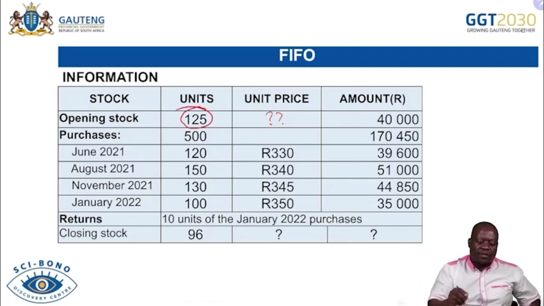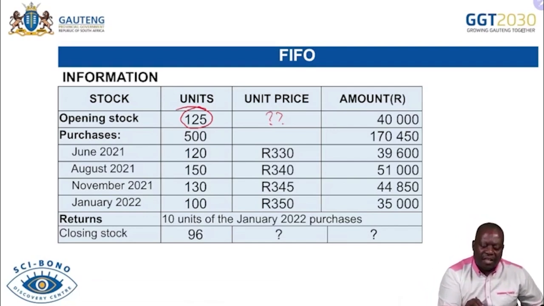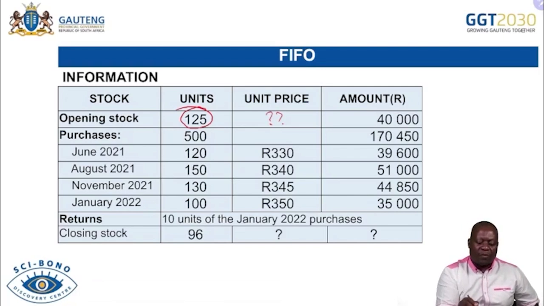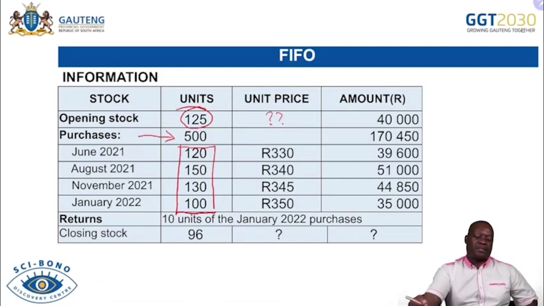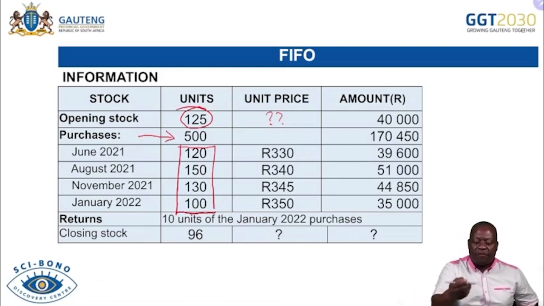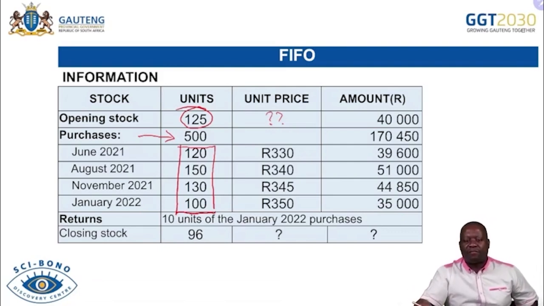And then, another key feature here is the purchases. Check here, the purchases. That figure is found after having added all these items. So you can see there are 4 different batches here: the June batch, the August batch, the November batch, and the January batch.